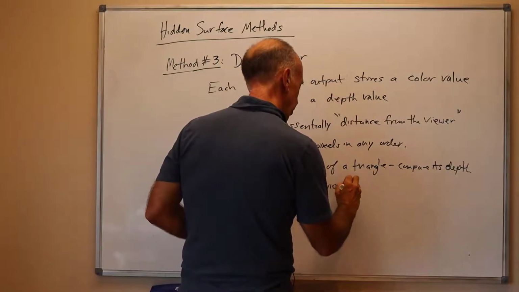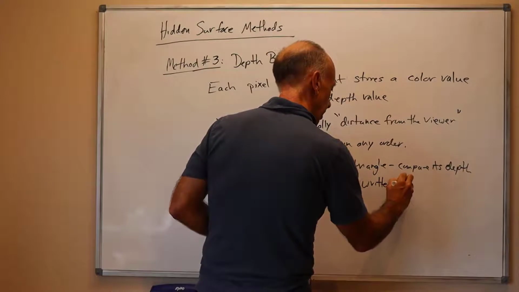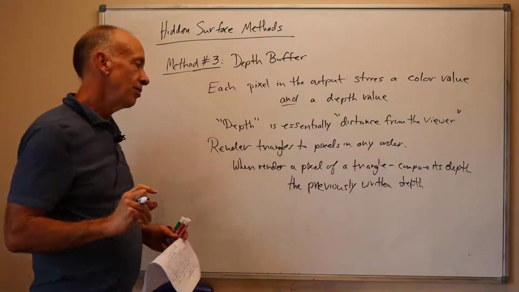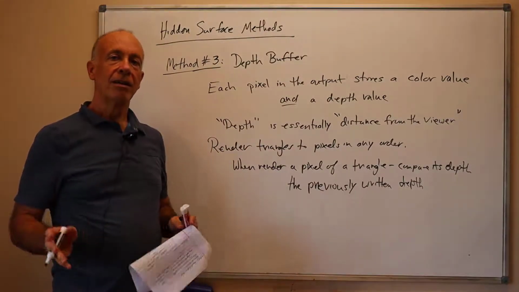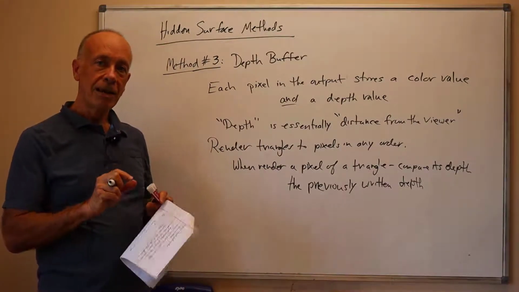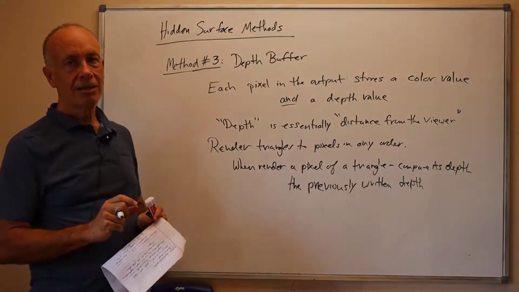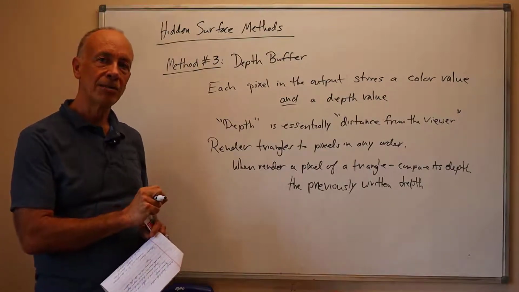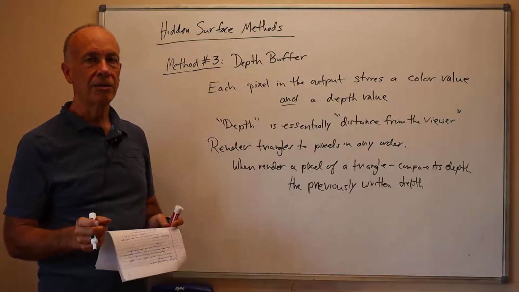So there may have been earlier triangles that also wrote to that pixel, and whichever one was closest stored its depth value. And now when we get a new triangle writing to that pixel, we compare the depth, that is the distance, of that pixel on that triangle to the viewer. And if that depth value indicates that it's closer to the viewer than the old value inside the pixel, we overwrite the pixel's color and depth values with the new color and depth values.